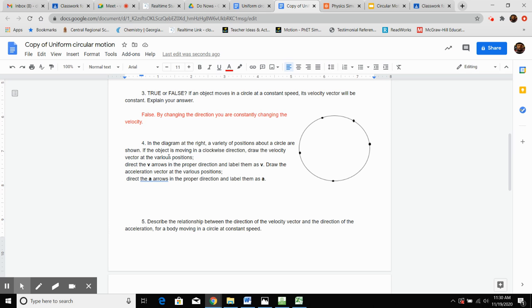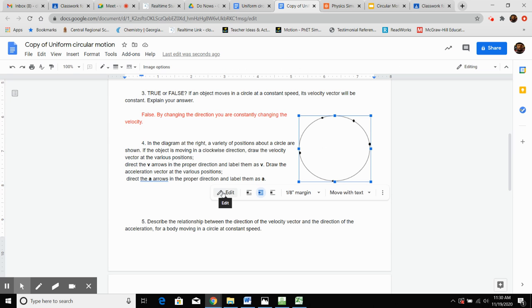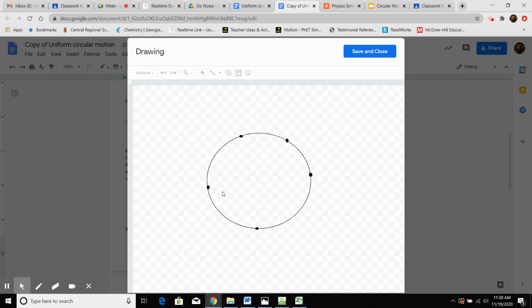Now, they're telling us that it is moving in a clockwise direction, so that's important. If you guys don't feel like doing this on the Google Doc and following along with me, you can do it on a separate sheet of paper. Guys that are doing it with me in the Google Doc, you're going to click on the picture itself, and you're going to hit edit. It's going to bring you to this.